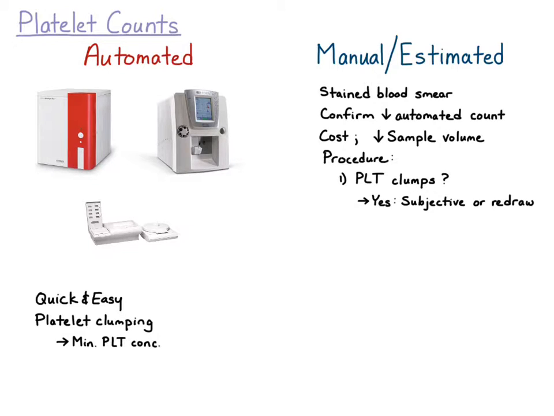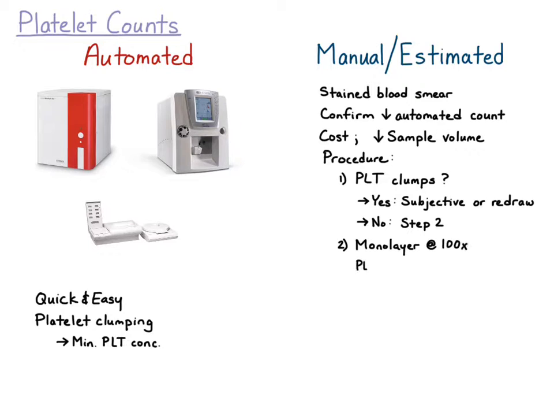So if you really want to know the actual platelet count, then you can redraw a sample from the patient and try to get a sample that doesn't have this in vitro clumping. So if you do not see platelet clumping, then you can perform your estimated platelet count.